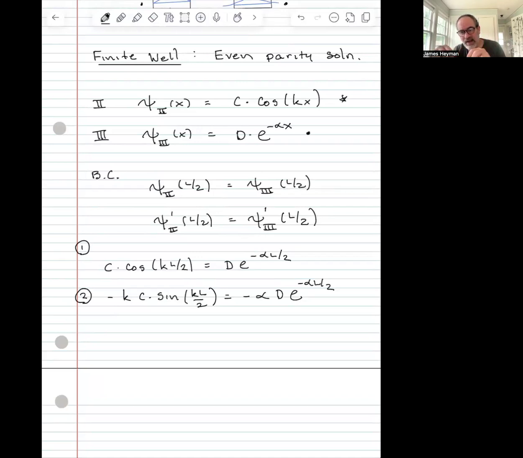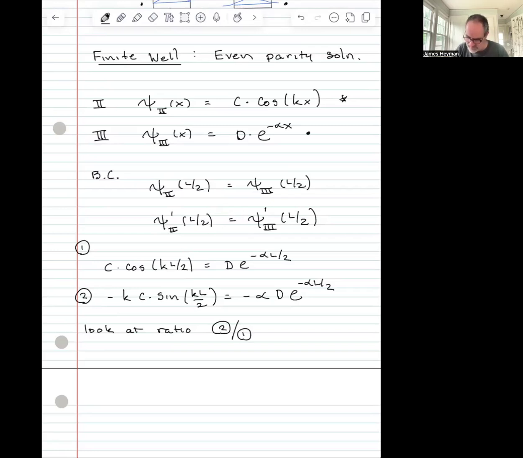So let's combine these to get an equation that doesn't have C or D in it. Here's the trick. Let's look at the ratio of equation 2 divided by equation 1.